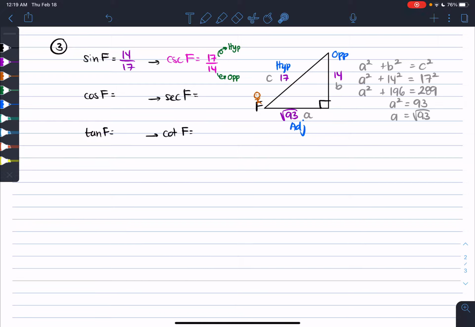Cosine is adjacent over hypotenuse, so it's root 93 over 17. Tangent is opposite over adjacent, or 14 over root 93.